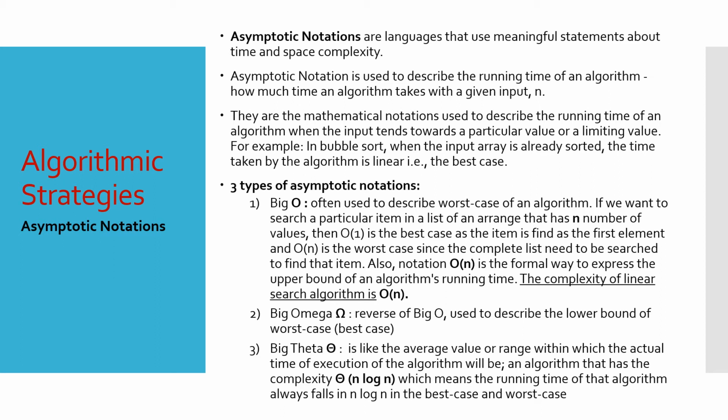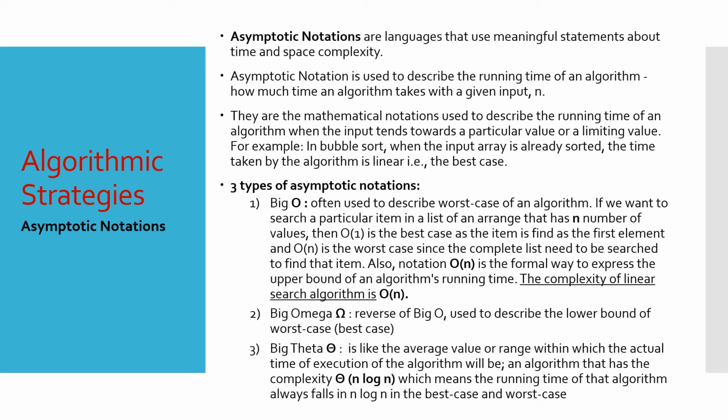Big O is often described as the worst case of an algorithm. For example, when you're trying to search for a particular item in an array, and it's got n number of values, let's say n could be 100. So n equal to 100 means you have 100 values.